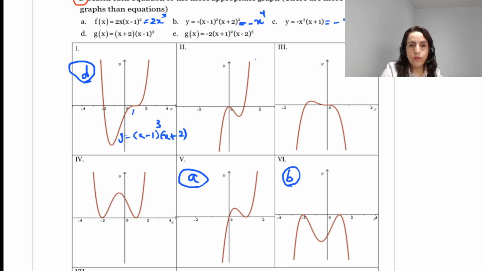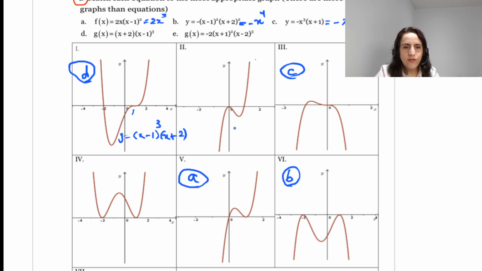Overall, this equation is a negative x to the 4th. I'm gonna choose this one. Look there, 0, because we talked about it. I'm gonna choose it so fast. It's a 0 inflection, and negative 1 is a normal root, and as you see, it's opening downward. Then I'm gonna choose C for this one.